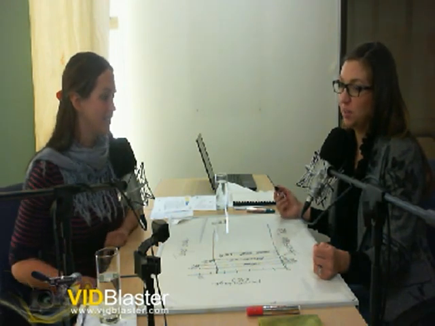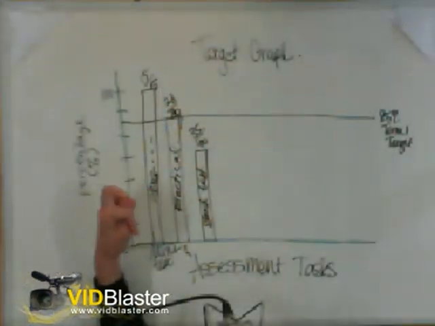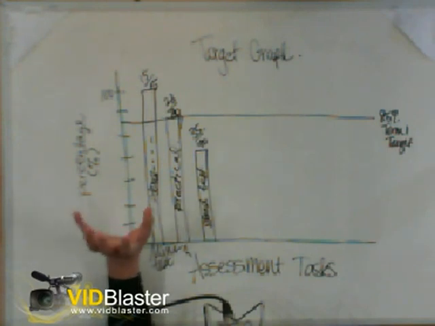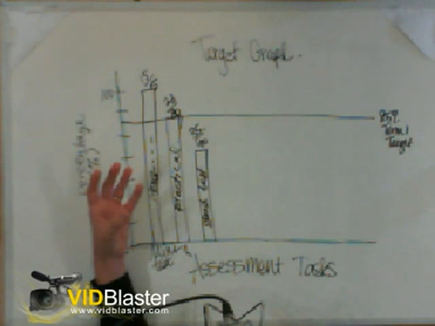Yeah. And it's such a nice thing to have these target graphs because it makes my life easy. When it comes time to parent-teacher meetings or report card comments, then I can pull out their target graphs and I can say, Johnny started the year off very well and copes very well with assessments that are on small amounts of work, and he shows potential to get very high achieving marks.